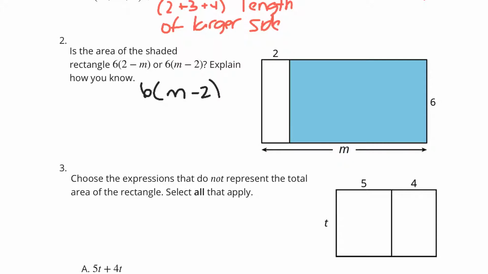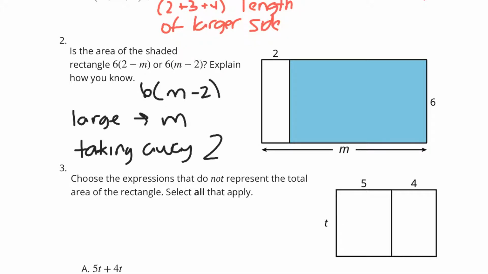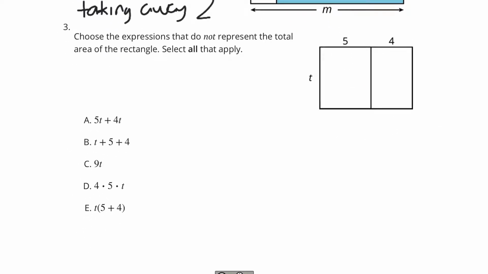We're getting rid of the 2. And so basically the large side is m, and we're taking away that 2.